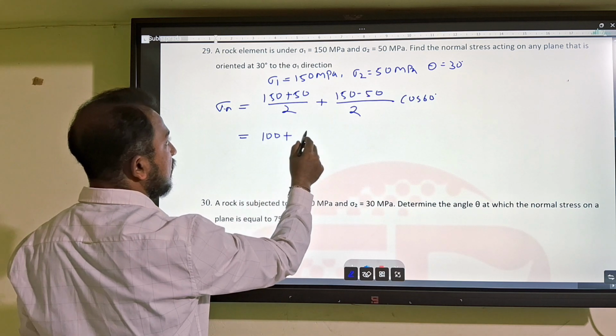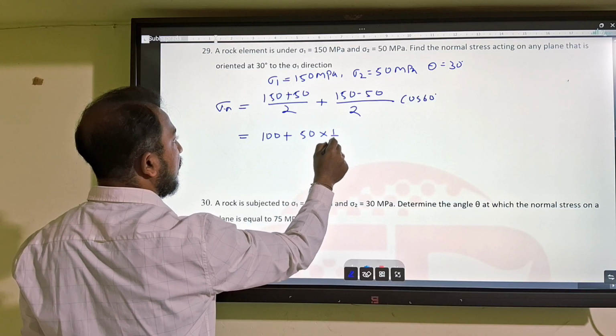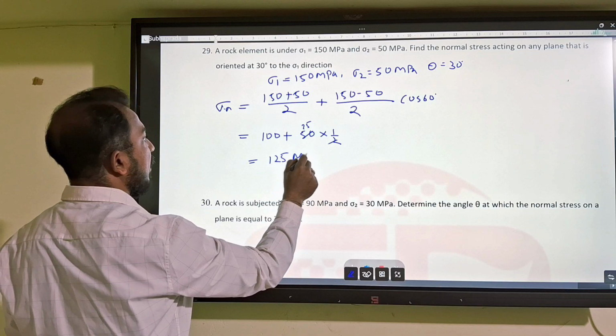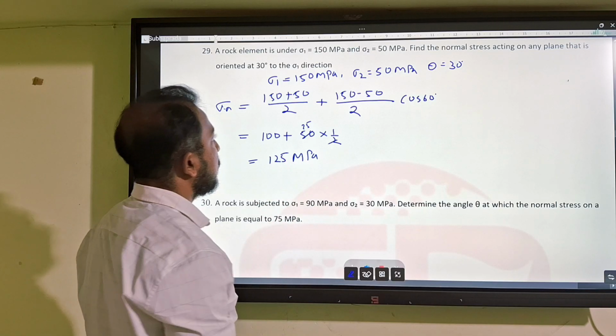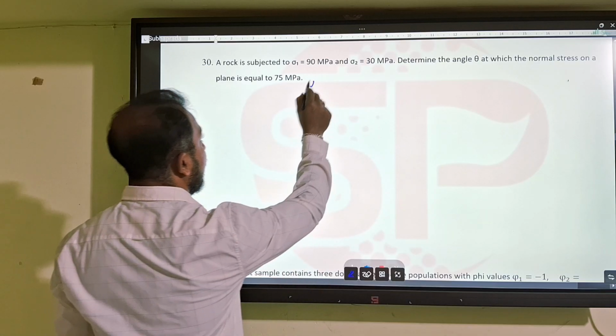That is 100 plus 50 into 1 by 2, which will be 125 MPa.